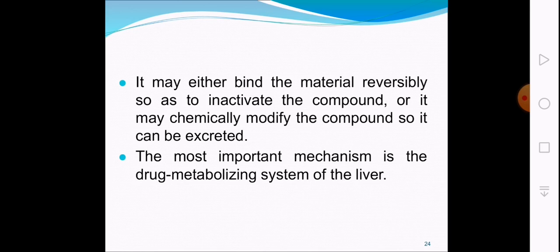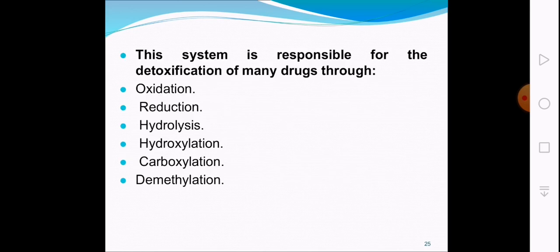The most important mechanism is the drug metabolizing system of the liver. والدراج ميتابولايزنج سيستم of the liver ده مهم جدا جدا وده مسؤول من العملية بتاعت detoxification of a lot of drug and toxic substance.